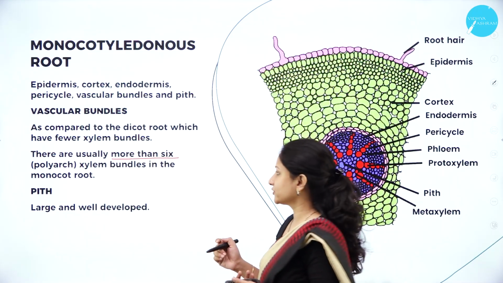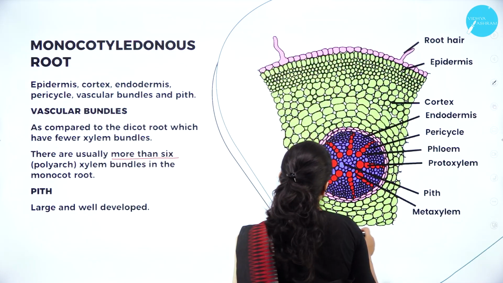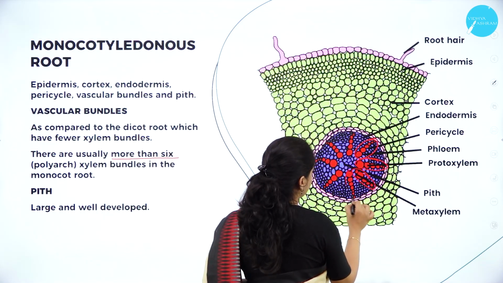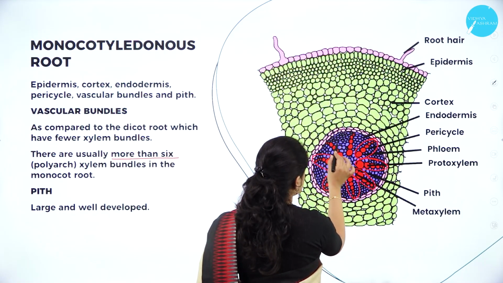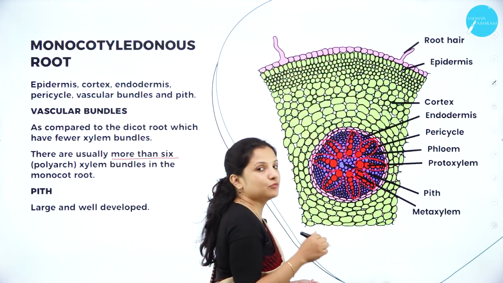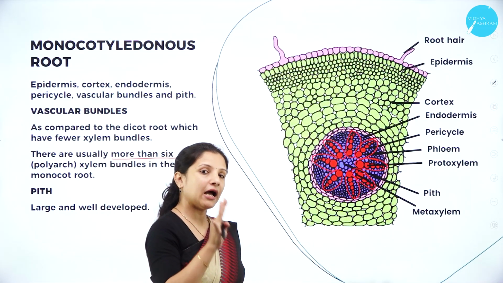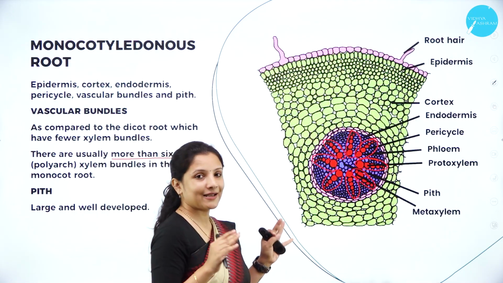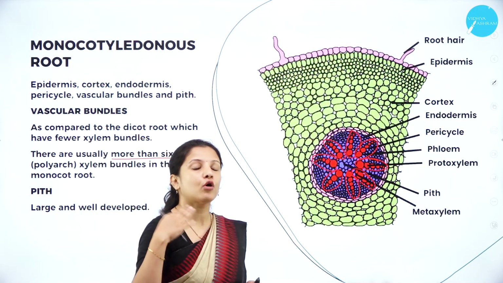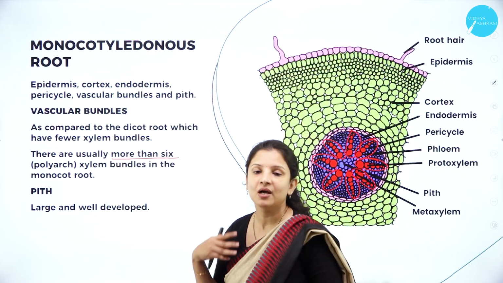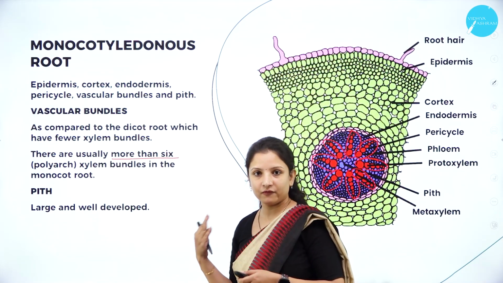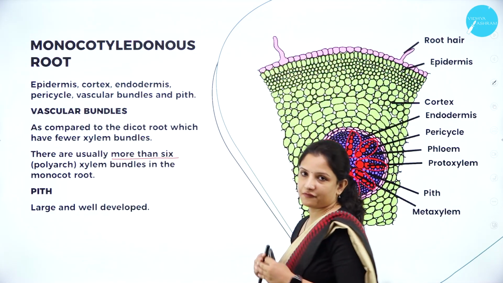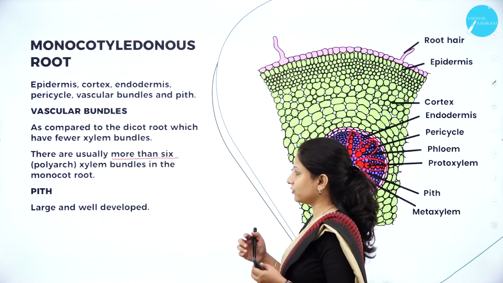If you can see here, 1, 2, 3, 4, 5, 6, 7 and 8. It is more than 6. Dicots have only 4 xylem and 4 phloem, but in the monocots the xylem is more, with the polyarch condition. That is one of the main differences between the monocot and the dicot root.